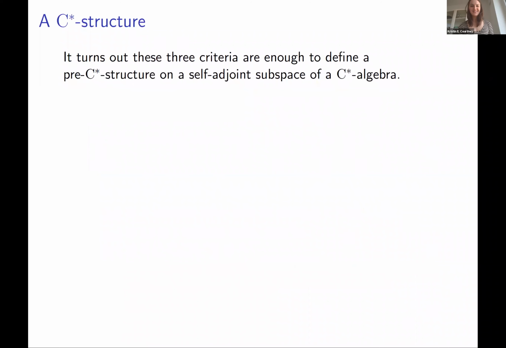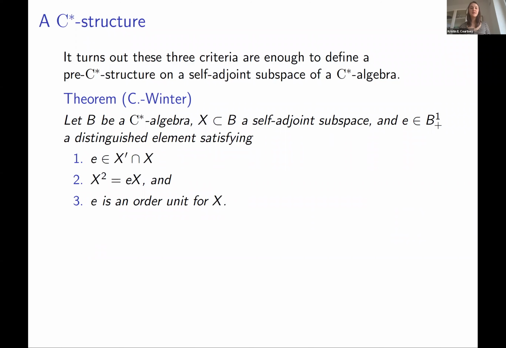All right, good. So these 3 criteria that I highlighted a minute ago are actually enough to define a pre-C-star structure on a self-adjoint subspace of a C-star algebra. This is exactly what I mean by that. Let's take a C-star algebra B, a self-adjoint subspace X, and a positive contraction E sitting in B. Let's suppose that they satisfy the 3 criteria we highlighted before.